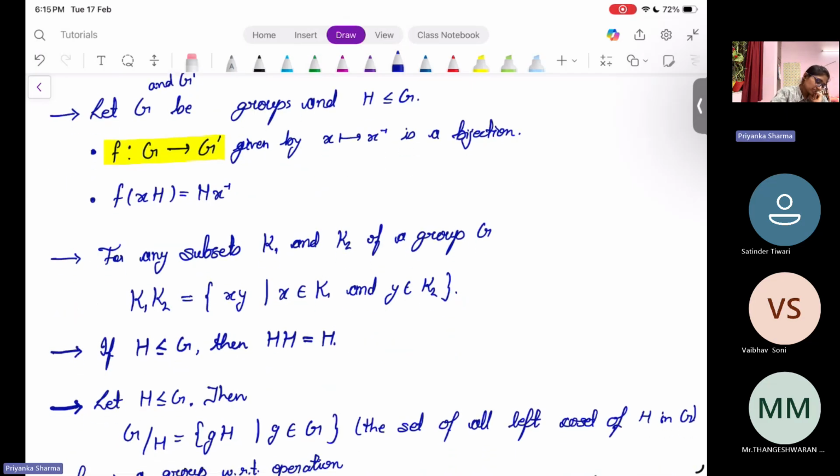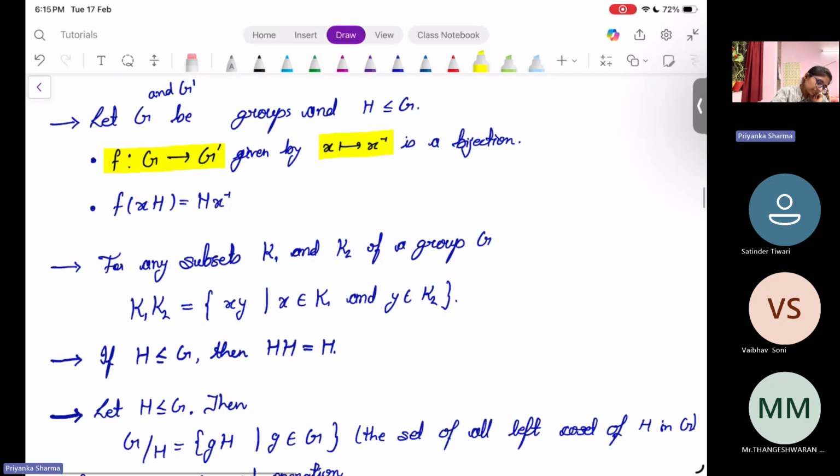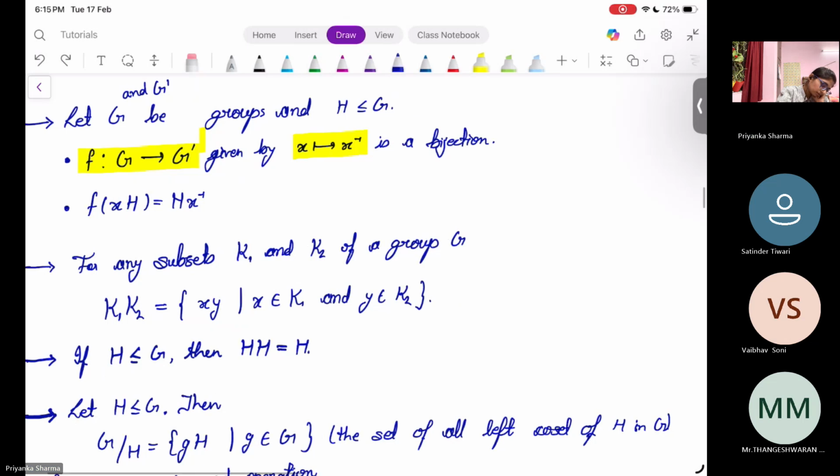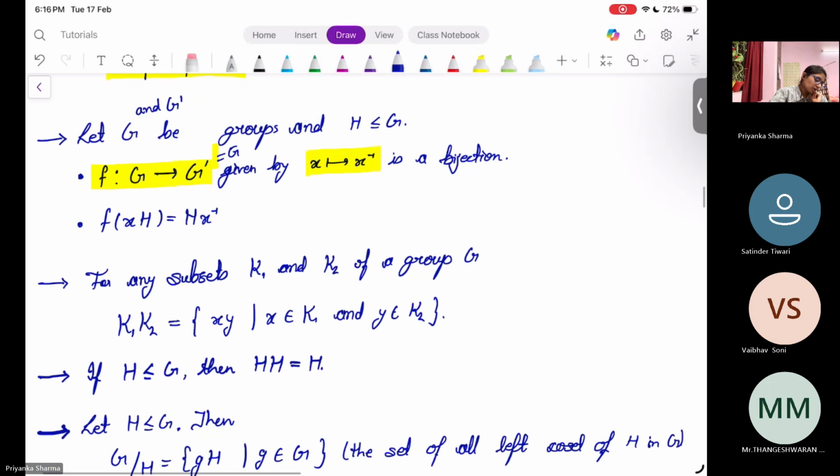Then the function which assigns x to x inverse is a bijection. Or if we are taking the inverse in G only, then this G dash can be similar to G itself. So this is a bijection, and the image of xH will be Hx inverse.